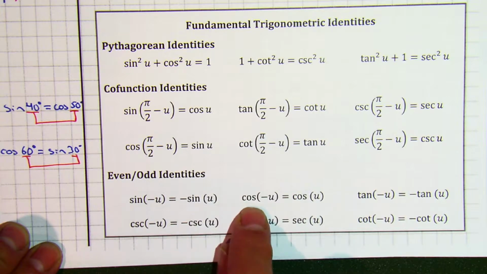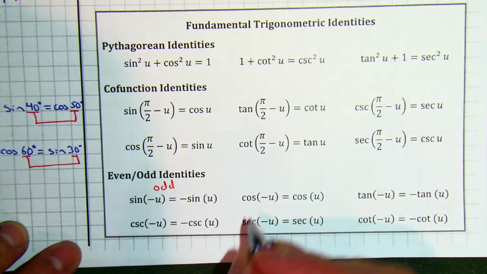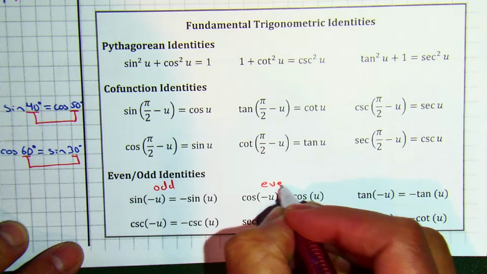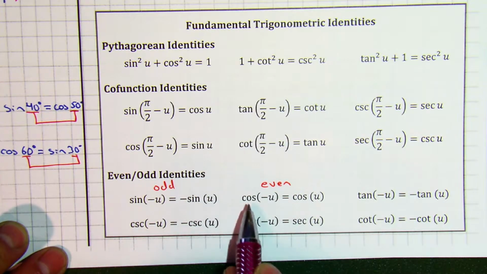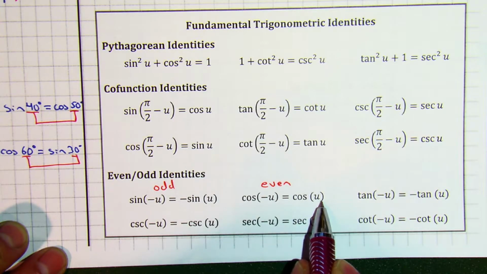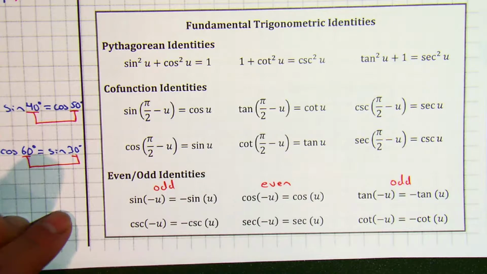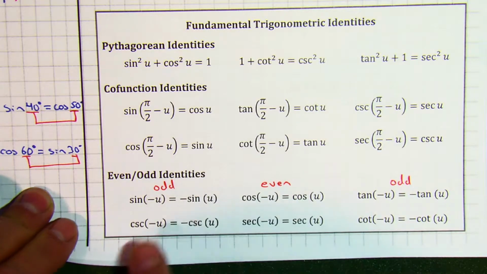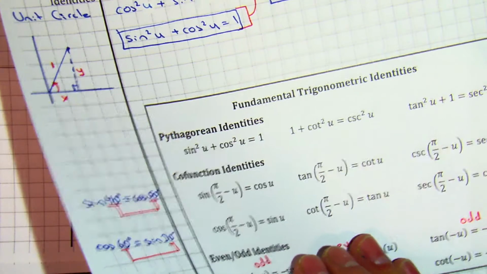This is an odd function. Cosine is an even function. Cosine and secant are even functions, so the cosine of negative u is just the cosine of u. And the odd function will be for tangent. So something to keep in mind as we go through some of the simplification of identities in this chapter.